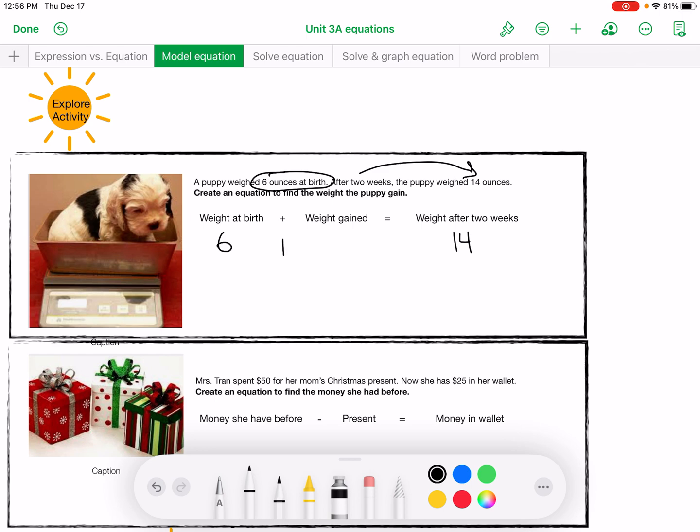So 6 plus W, W being the weight, how much weight did he gain to equal the 14 ounces? On either side of this equal sign, it could kind of look like our little balance beam, right? This has to be equal. So this is an example of how to create an equation from a situation.